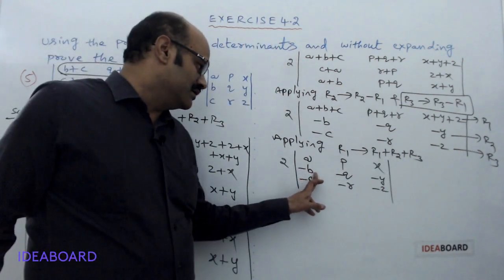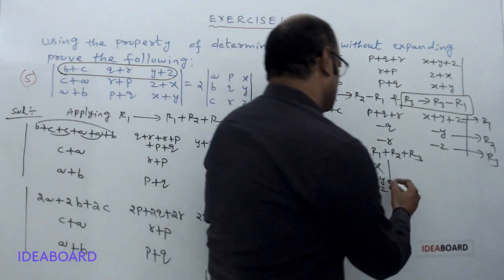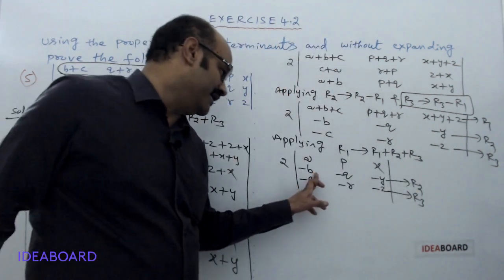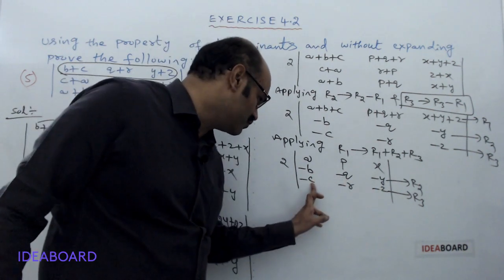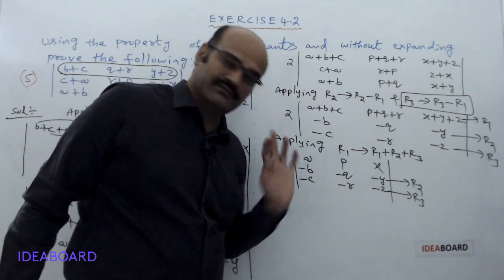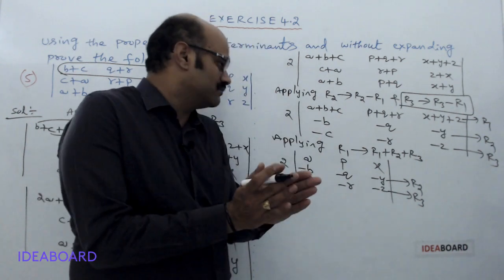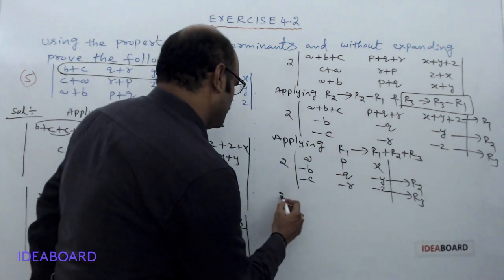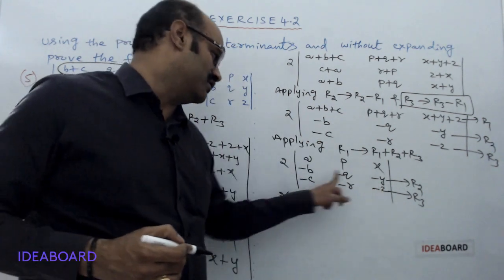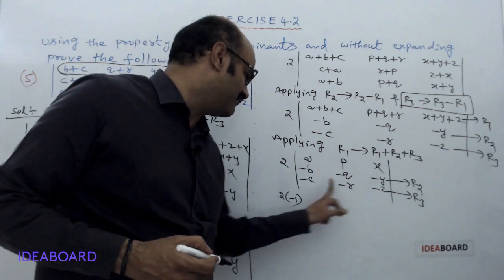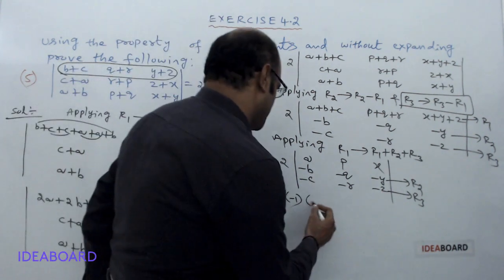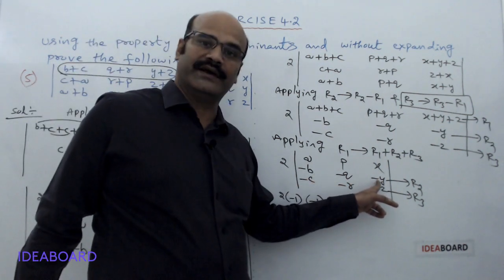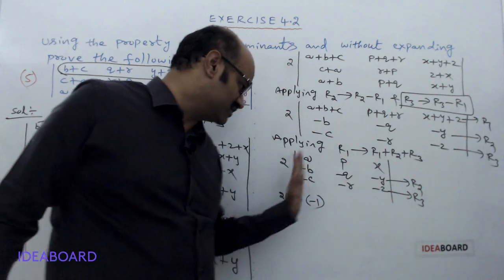Now here in R2 and in R3, minus 1 is a common factor in R2 and also in R3. So you take minus 1 outside, that common factor whatever we have, take it outside. So 2 into minus 1 from R2 and take minus 1 from R3. Since minus 1 is a common factor in R2, take it outside.